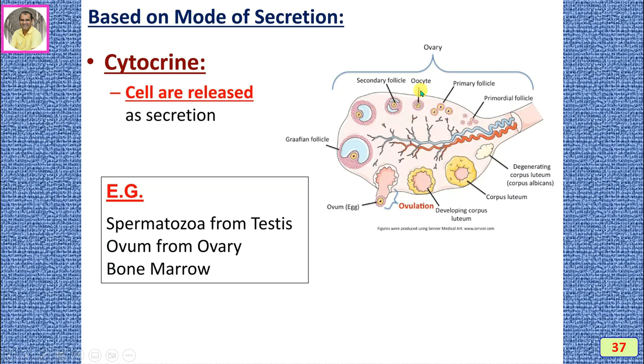Then oocyte is released. Whereas all other cells are called as the primary follicular cells and primordial follicles, which are very small in structure. And later they are going to release the ovum. So this is very similar to that of the spermatozoa or the bone marrow, which secrete the white blood cells, etc.